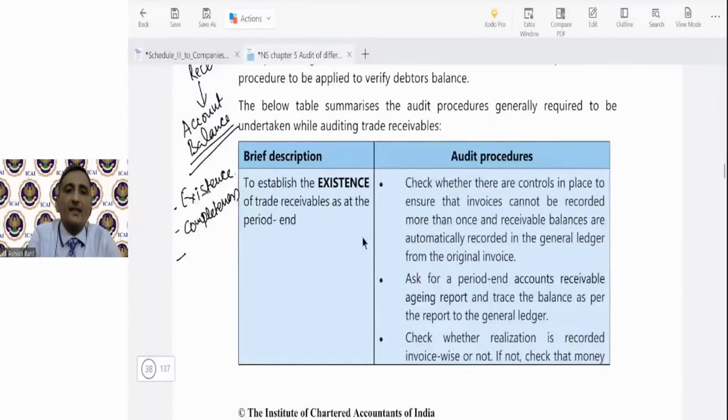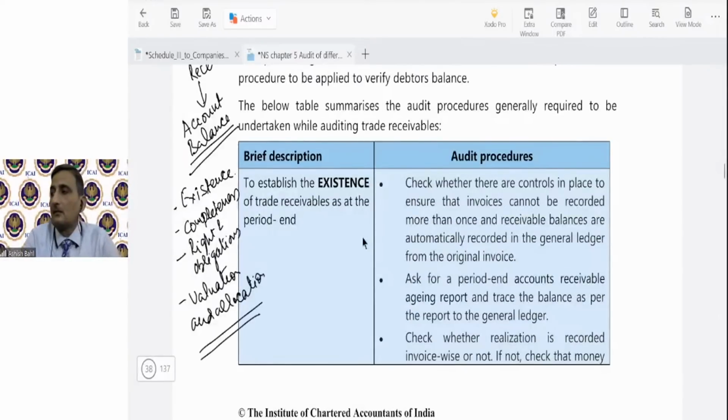Yes. Existence, completeness, rights and obligations, and valuation and allocation. So four assertions, students, you remember: existence, completeness, rights and obligations, and valuation and allocation. These four assertions we had read about in respect of account balances in chapter 4.